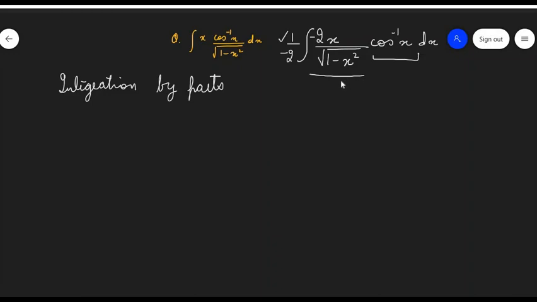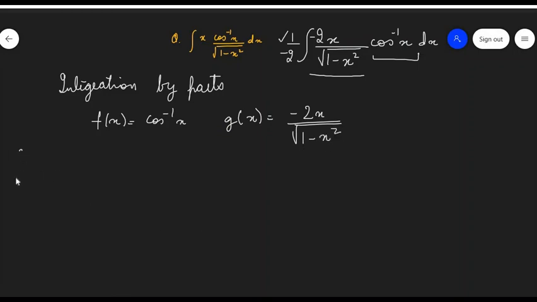First function has to be easier to differentiate, and the second function must be easier to integrate. Here we see that cos inverse x would be easier to differentiate, so I'm selecting cos inverse x as my first function, and this gives me second function as minus 2x upon square root of 1 minus x square.